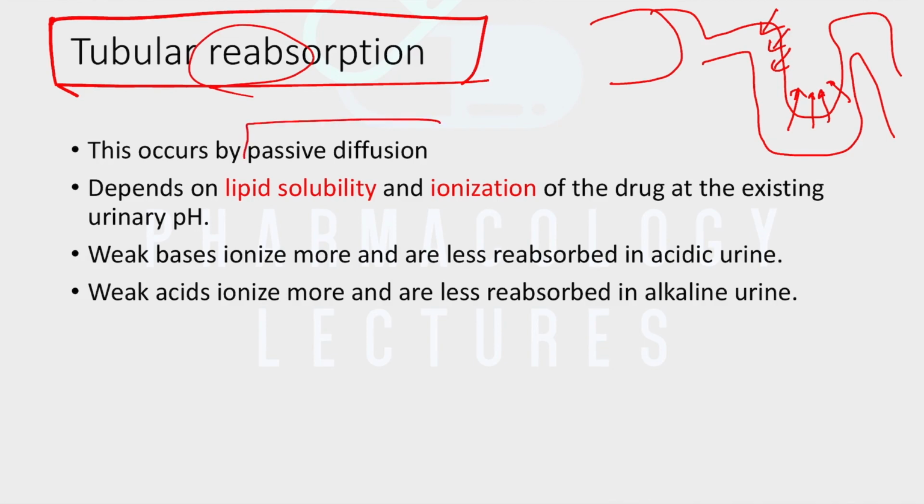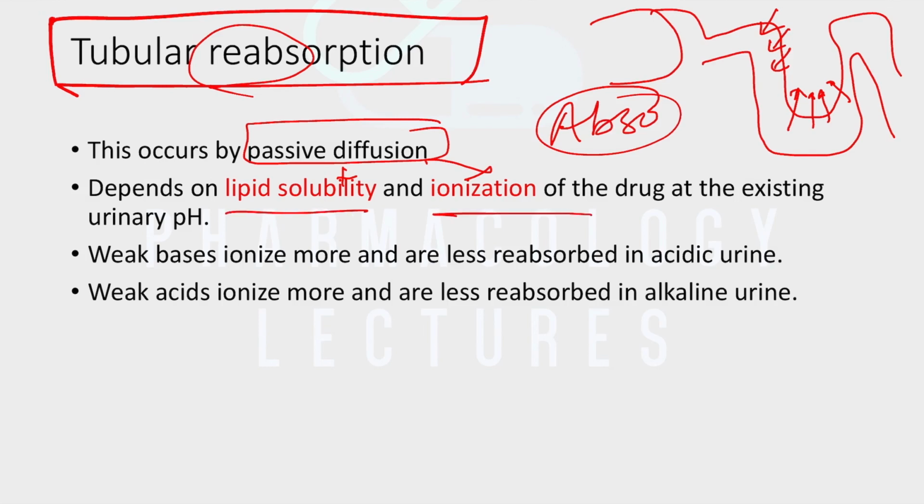This reabsorption process is mainly of the passive diffusion type, meaning it mainly depends on two things: lipid solubility and ionization. Now where have we seen these concepts of lipid solubility and ionization? Yes, in the absorption portion. So this reabsorption is also similar to absorption, so all the fundamentals related to lipid solubility and ionization apply here.